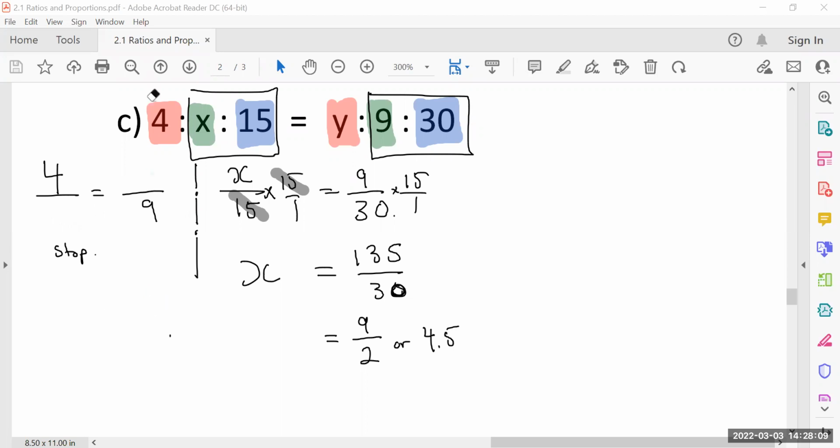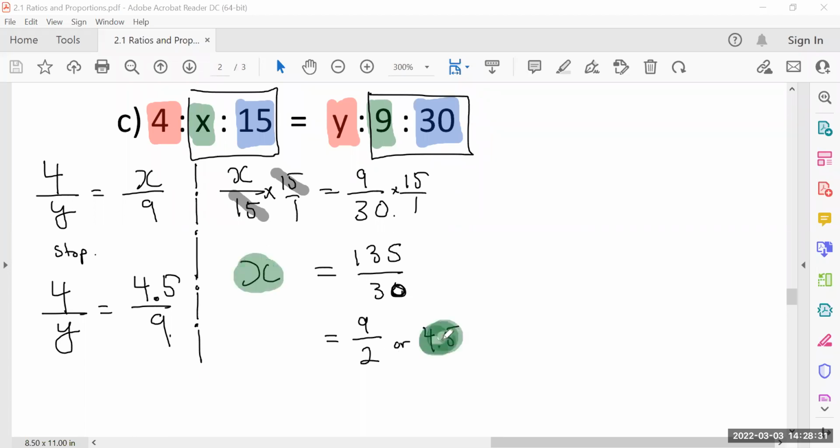It's just 4 over y is equal to x over 9. So 4 over y is equal to 4.5 over 9. Right? Because I found my green x as 4.5, so I could plug it in right here.